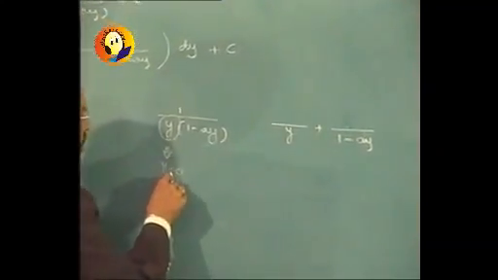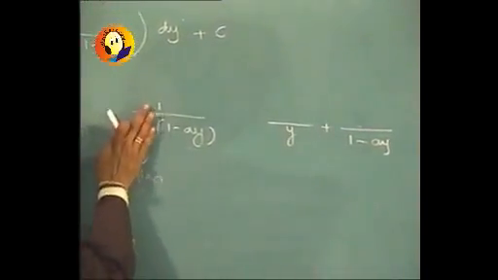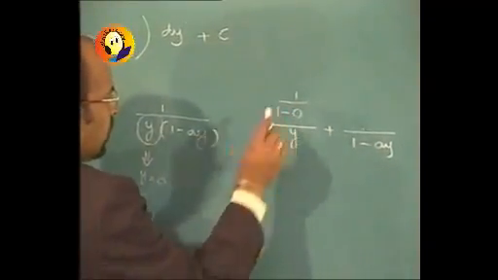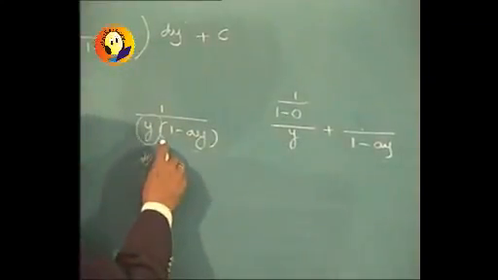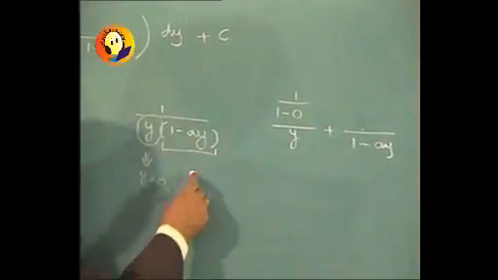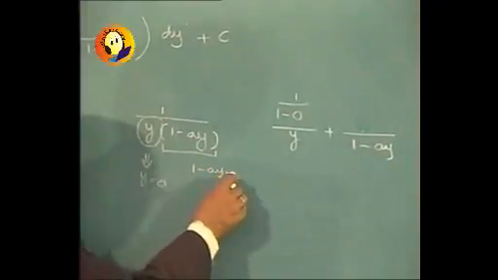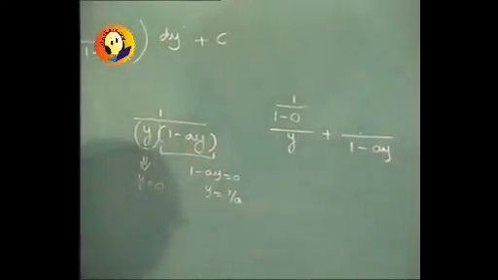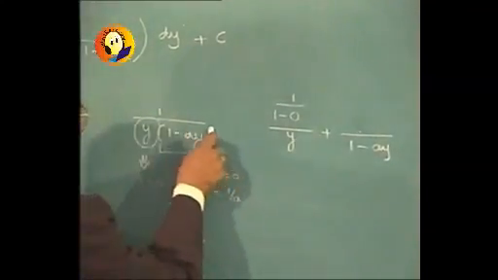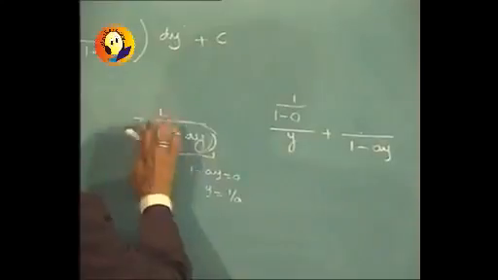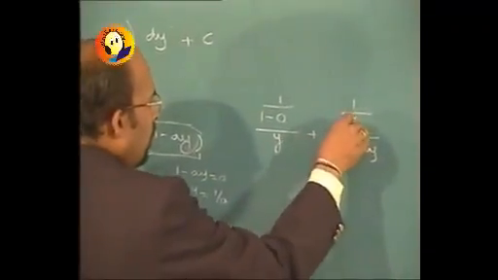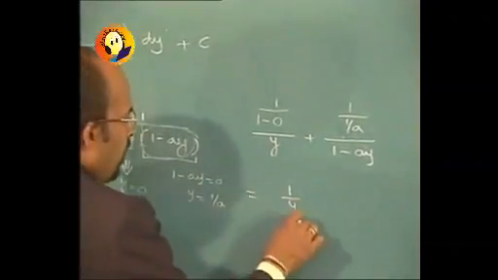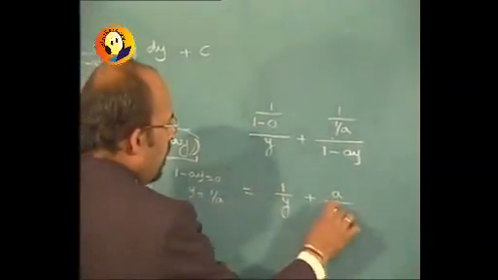So put y equal to 0 everywhere except this term, that is, the numerator of y will be 1 upon 1 minus 0. Whereas when we try to find the numerator of 1 minus ay, then 1 minus ay will be equal to 0 when y equal to 1 upon a. So substitute y equal to 1 upon a everywhere except this term. So ultimately it will be 1 upon 1/a, that is a. And so in the separated form it will come out to be 1 upon y plus a upon 1 minus ay.